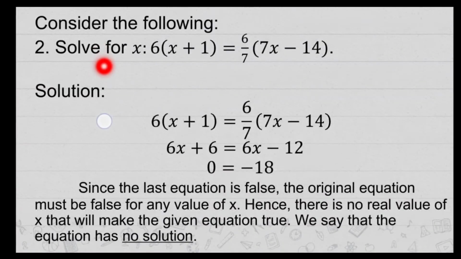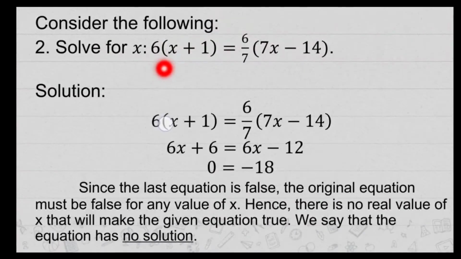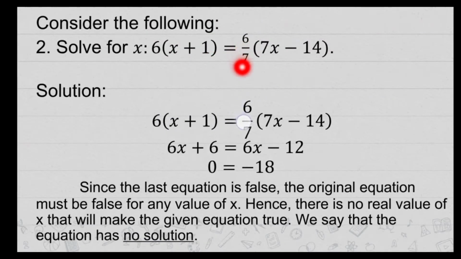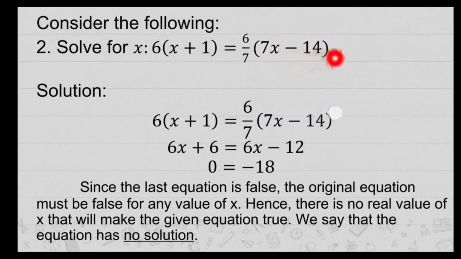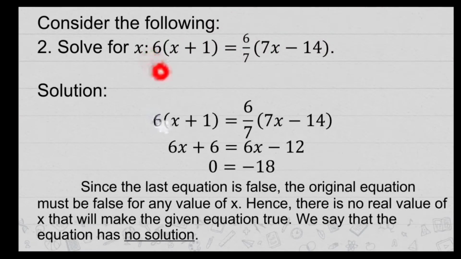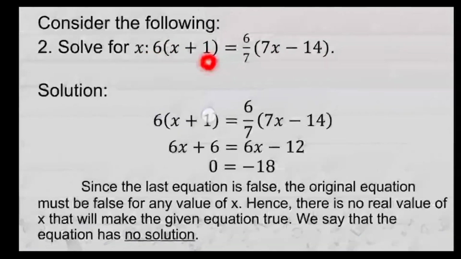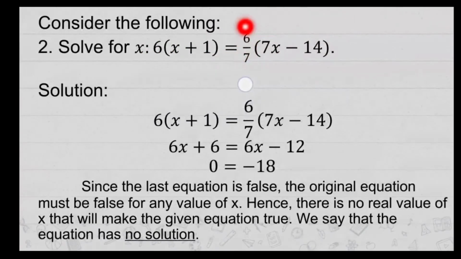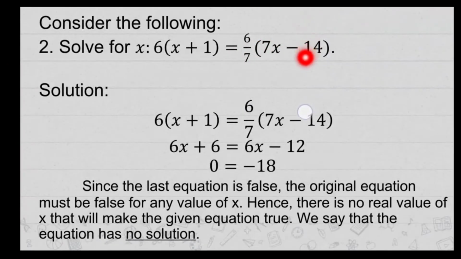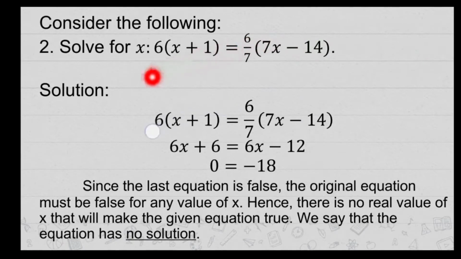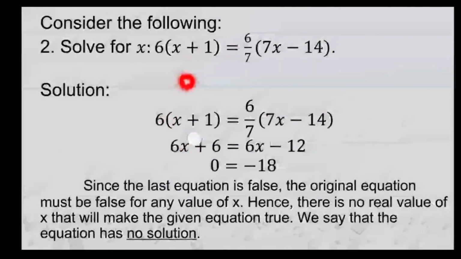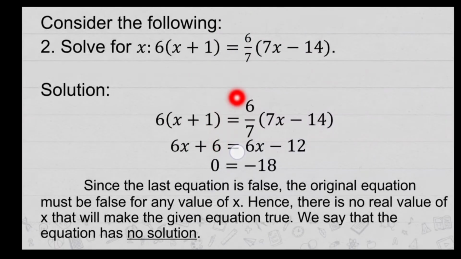Next, solve for x. 6 times x plus 1 is equal to 6 over 7 times 7x minus 14. It means that we have to multiply this 6 to x and to 1. Then we have to multiply 6 over 7 to 7x and negative 14. So let us simplify. 6 times x is 6x. 6 times 1 is 6.